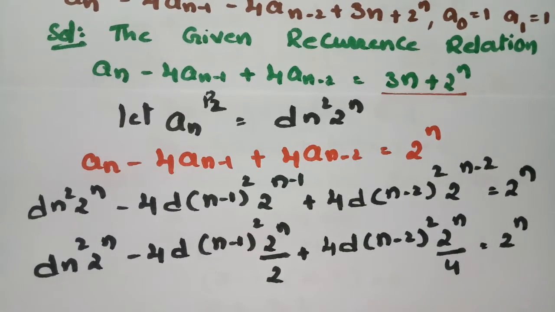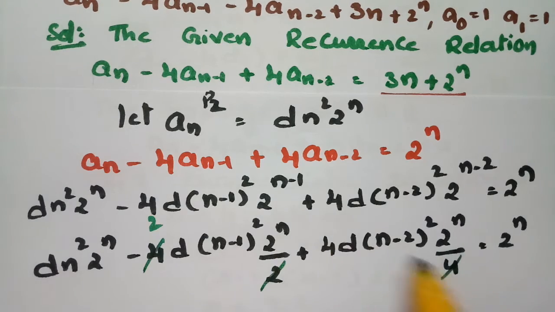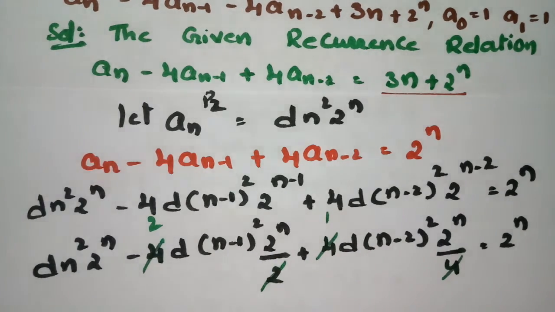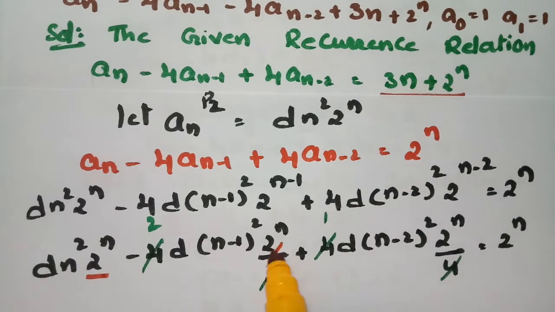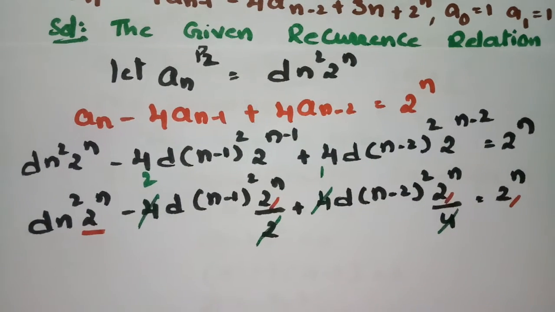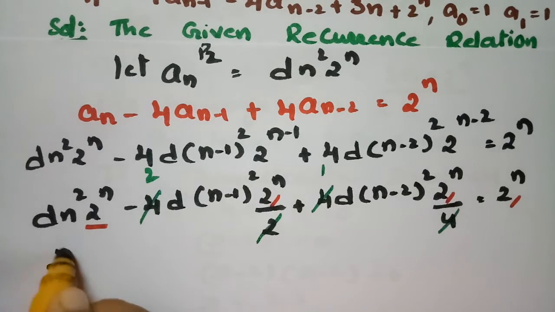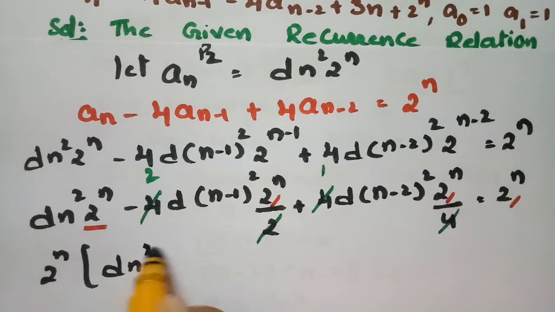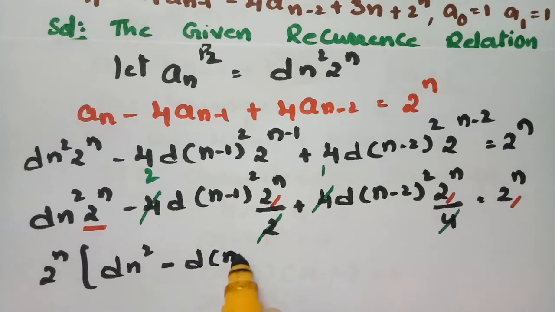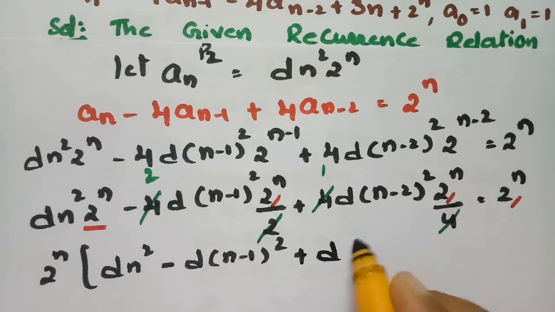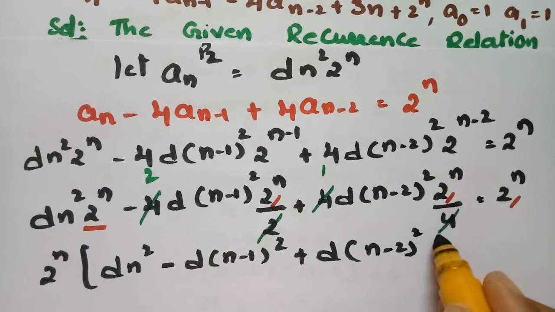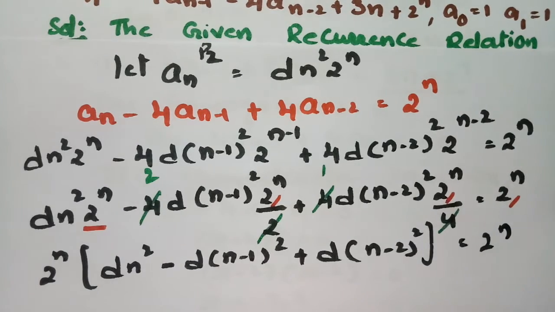So now if I cancel this one for 2 times, if I cancel this one for 1 time, and if I take 2 power n common, see here, there is 2 power n here, 2 power n here, 2 power n here, and 2 power n here. From LHS and RHS, if I take common and cancel, then see what happens here. Then this will be d n square minus 2d times of (n minus 1) whole square plus d times of (n minus 2) whole square is equal to 1.